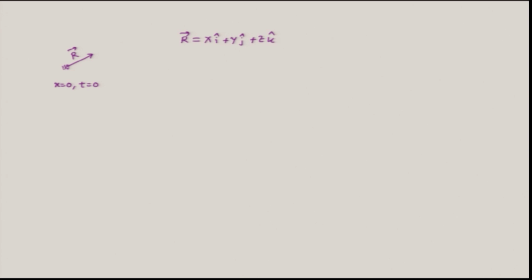If we consider the x direction, the projection here would be x. We denote this projection as capital X, and r square would be given as x square plus y square plus z square.